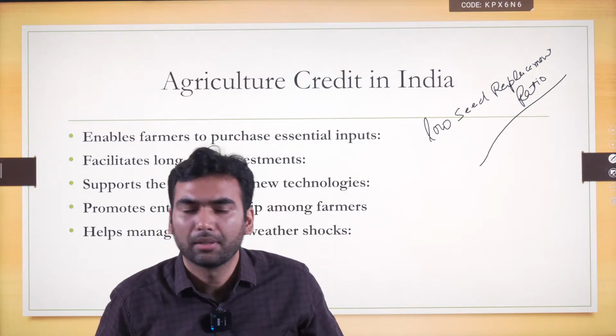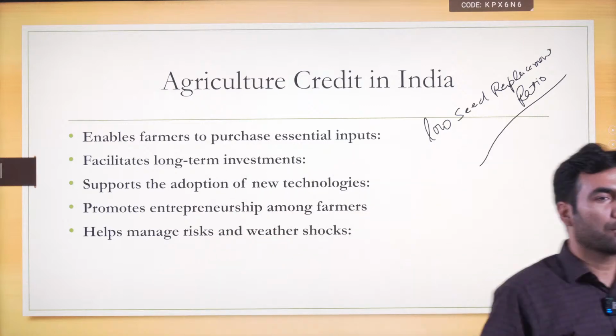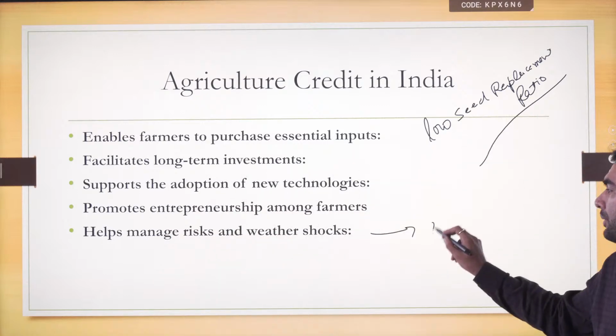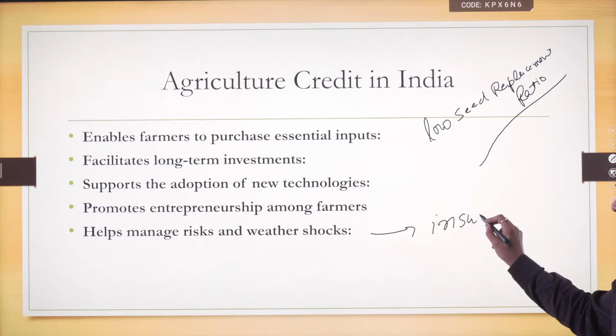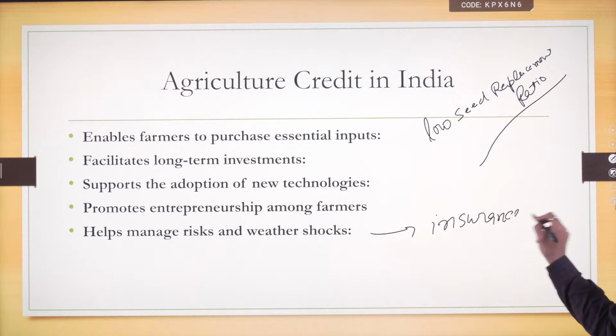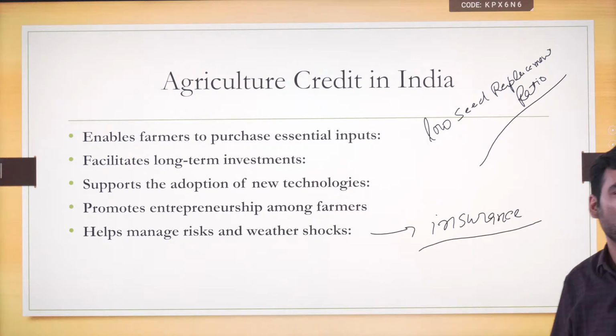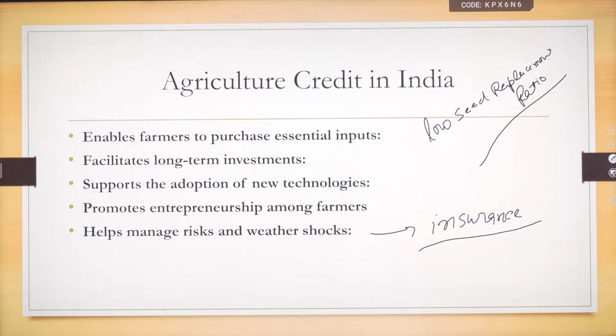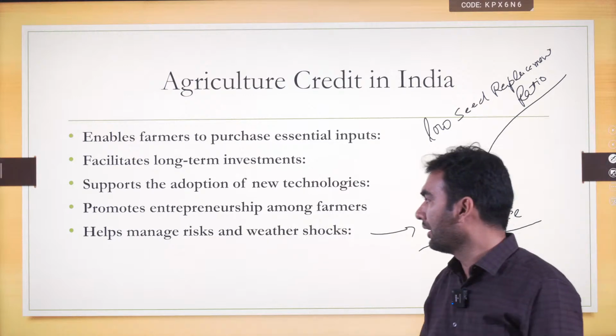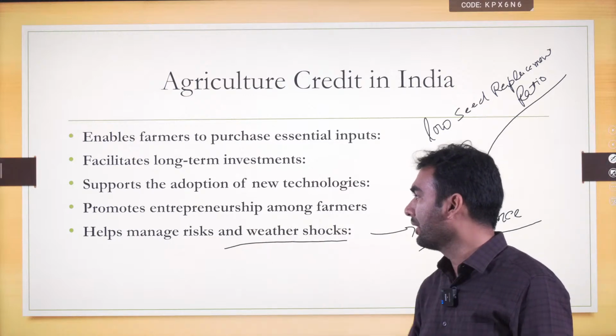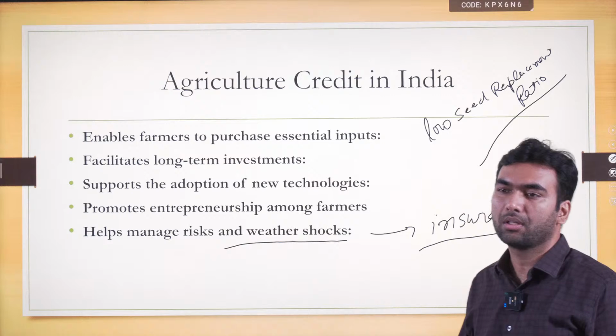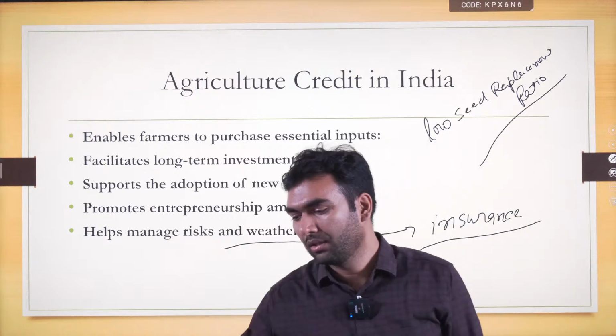Usually, credit is linked with an insurance product also, crop insurance. Those farmers who take credit, institutional credit, have more chances to go for crop insurance. Because of this reason, they are relatively safe from weather shocks or loss of crop.